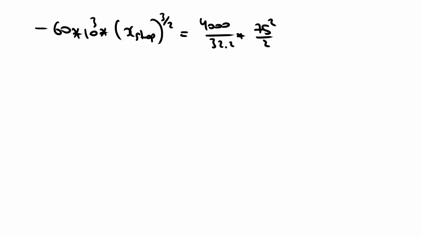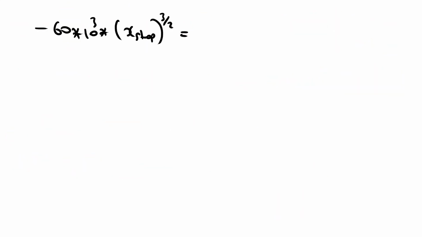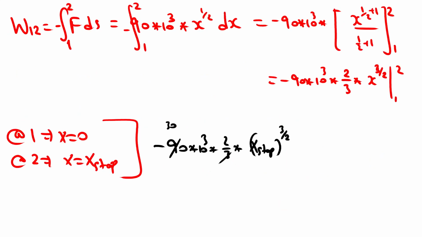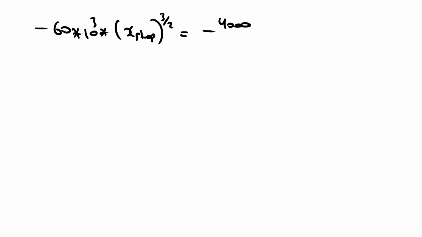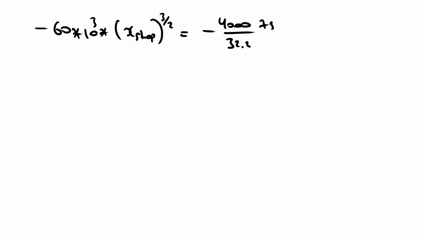This equals kinetic energy 2 minus kinetic energy 1. Since the kinetic energy at 2 is 0, that will be negative 4000 over 32.2 times 75 squared by 2. Now let's solve it and see the result.